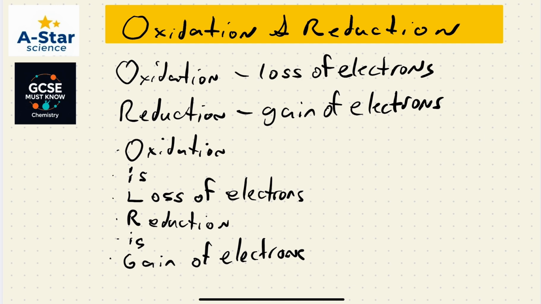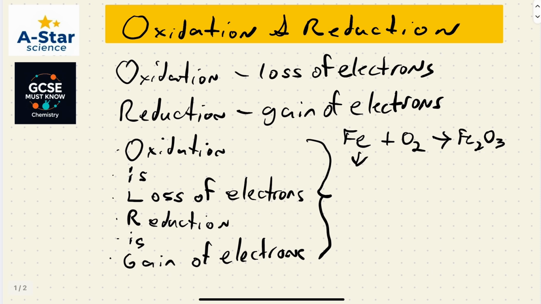Now, how does this apply to what we saw earlier in terms of oxidation and reduction? Well, for example, let's look at if we take iron and I add oxygen to it to form iron oxide, Fe2O3.